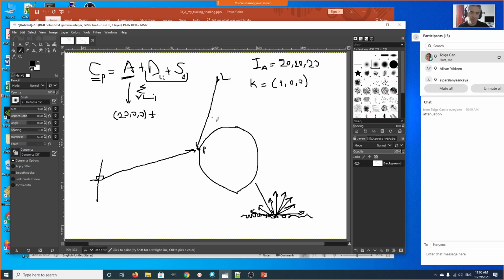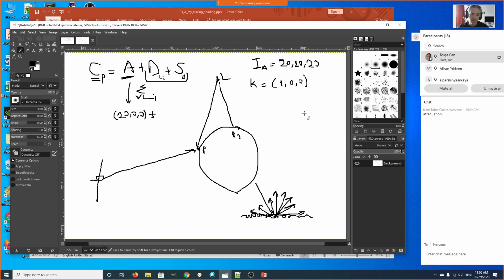But what is important is how much light is going to be diffused. What is the intensity of the light that is diffused? For example, consider this another point, P2. The light rays that are hitting here are going to be stronger, more intense, compared to light rays that are hitting here.